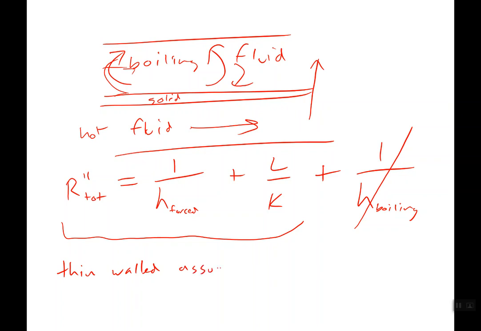So if we made an assumption that we don't really care about the thermal resistance of that solid material, what does that allow us to do for our total thermal resistance equation? Okay, yeah, that would let us assume that L is small. So we could neglect that thermal resistance as well.